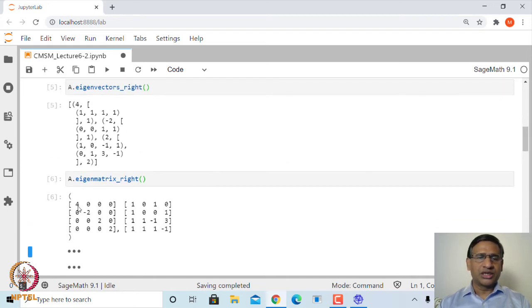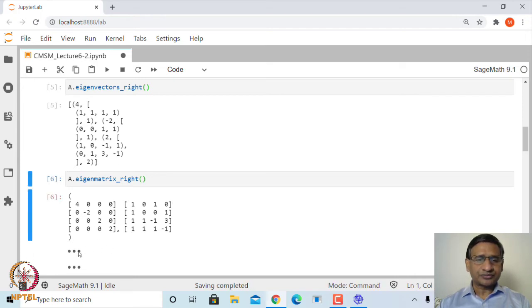So, with respect to eigenvalue 4, the eigenvector is 1 1 1 1, and that is what you see in the first column of this matrix. Similarly, with respect to eigenvalue minus 2, the eigenvector is 0 0 1 1, and that is the second column. With respect to eigenvalue 2, there are two eigenvectors: 1 0 minus 1 1, which is the third column, and 0 1 3 minus 1, which is the fourth column.